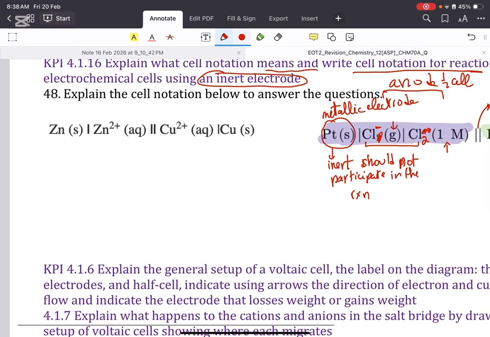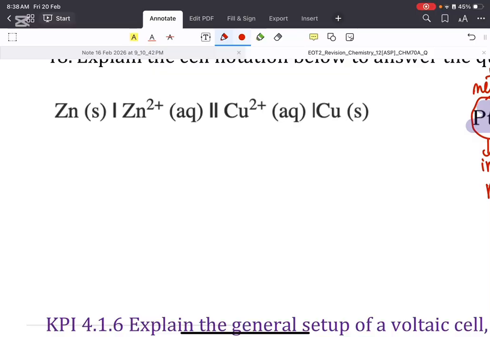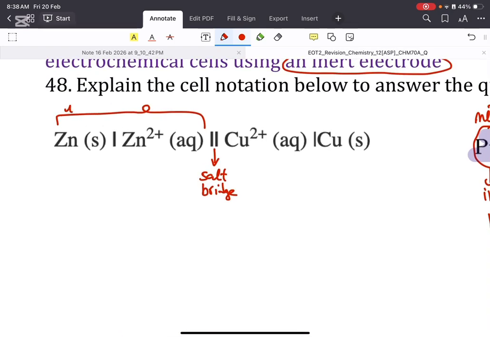Okay, so let's now annotate this one that is given in the question. So always there's two vertical lines, that's the salt bridge in the middle. What comes to the left of this line is the anode compartment, or anode half cell.